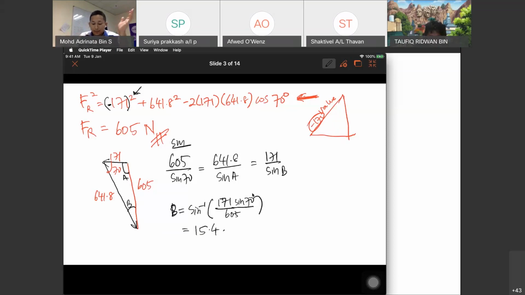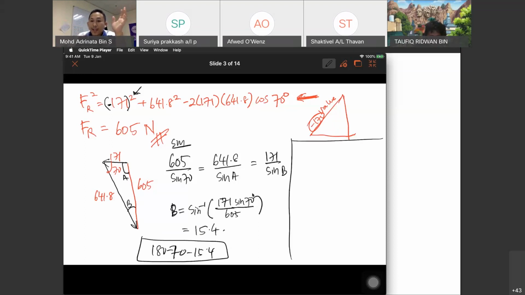Then you can find A. A is 180 minus 70 minus 15.4. But if you are doing to find sine A, okay? Let's say you never do this step. You did not do this step first, okay? Sine A is equals to 641.8 sine 70 over 605.